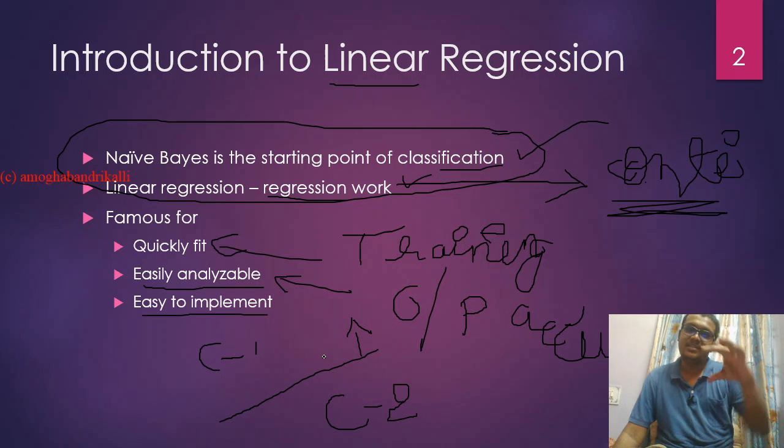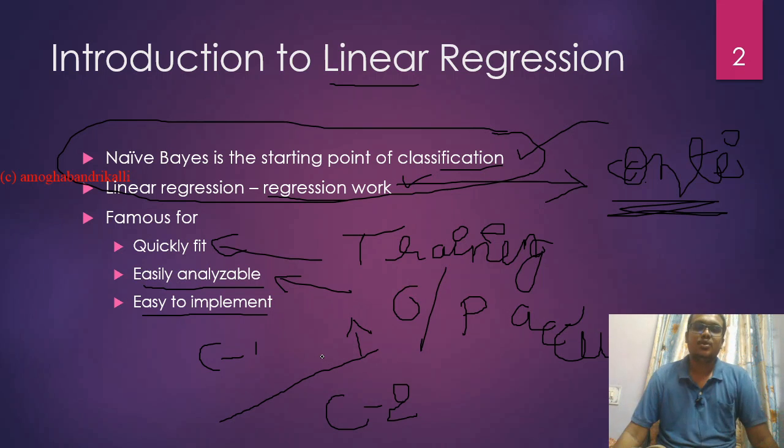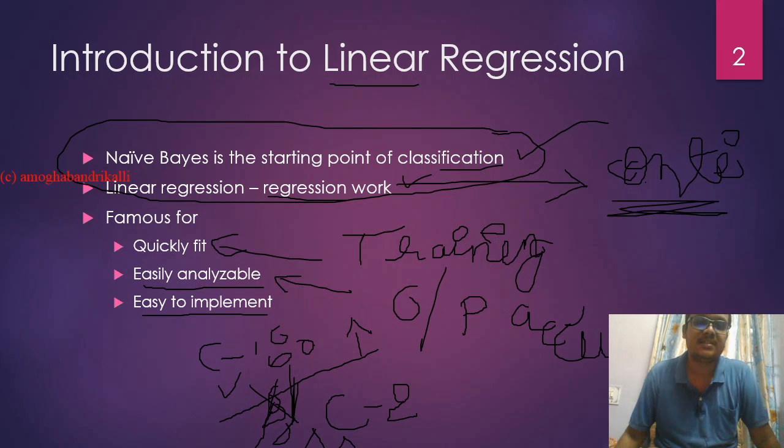Drawing a straight line through a linear data set is easy. A linear data set means data that is separable by linear lines. If this is a circle and here you have a triangle, there is no overlap of features like this. If there is no overlapping, we call it linearly separable data. So easy to implement means fitting a straight line for linear data.